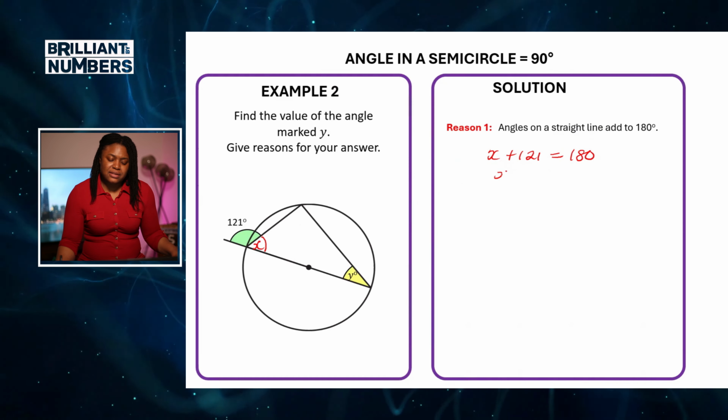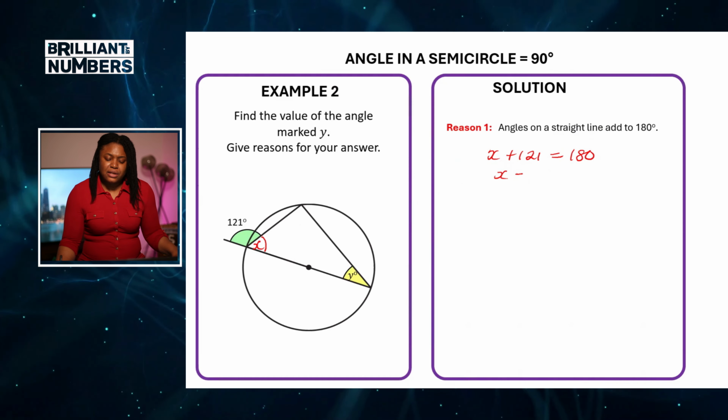So x is equal to 180 take away 121, which gives us 59. So x is equal to 59 degrees. And again, you put that on your diagram. We are closing our gaps. Awesome. Then we have found a part of our answer. However, we need two angles.